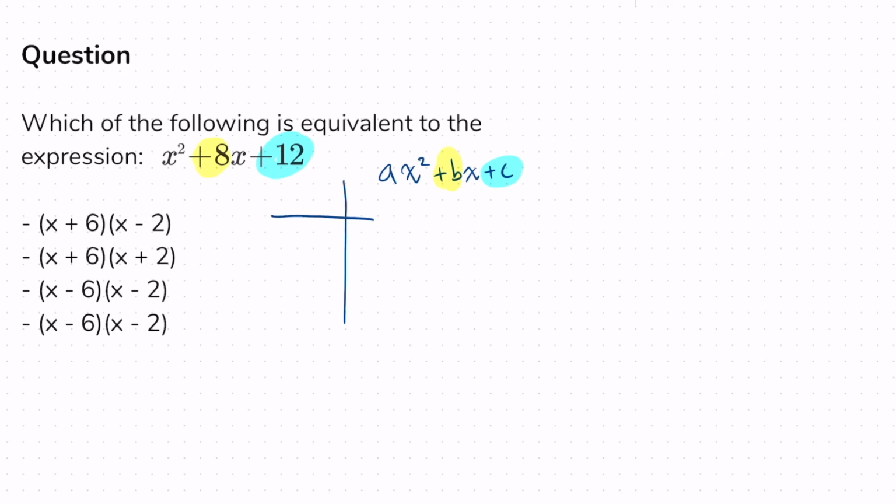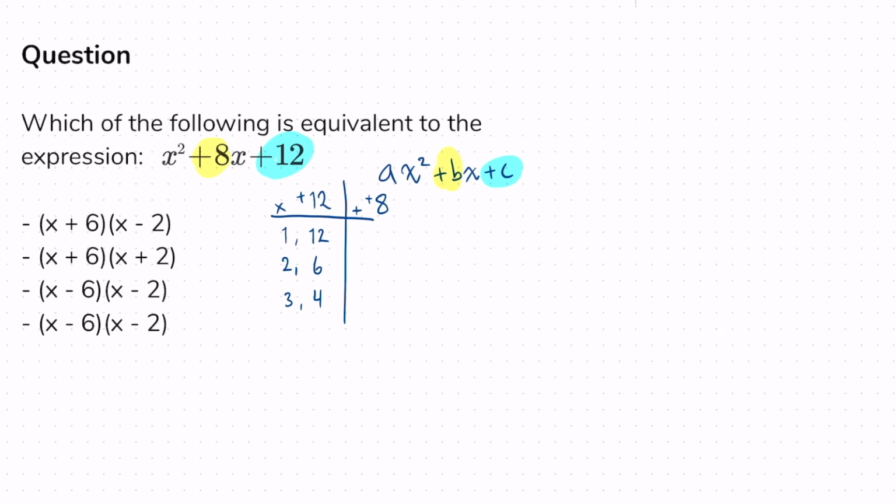What are the factors of plus 12 that add to plus 8? Well, we've got 1 and 12, 2 and 6, 3 and 4. We could also do negatives of both of these, but because we're summing to a positive, I know it's not going to be one of those options.